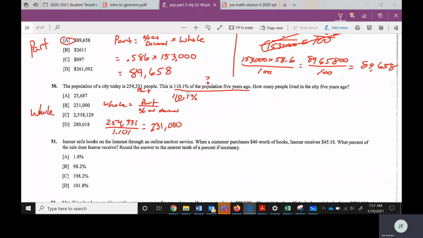Okay, and that makes sense. The population now is going to be a little more than it was 5 years ago because it's 110%, over 100% of what it was. Again, we're doing this method. Here you don't change it to decimal, so the percent is just 110.1. The part is what we know.